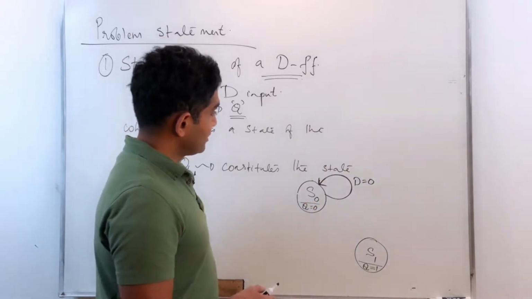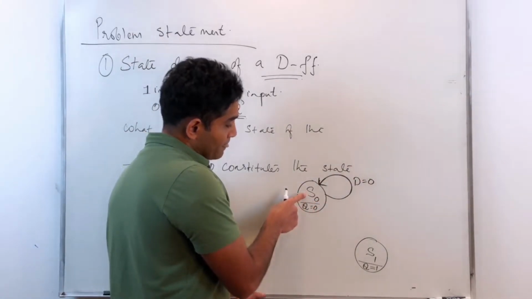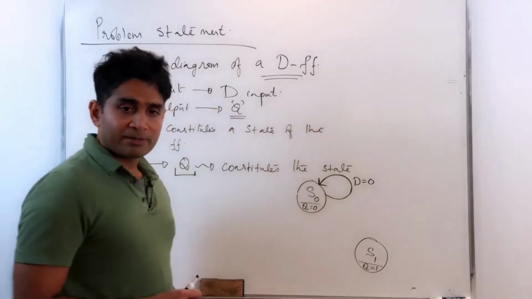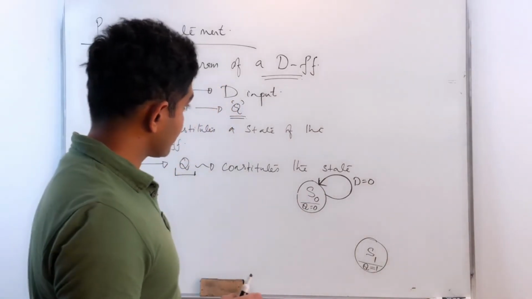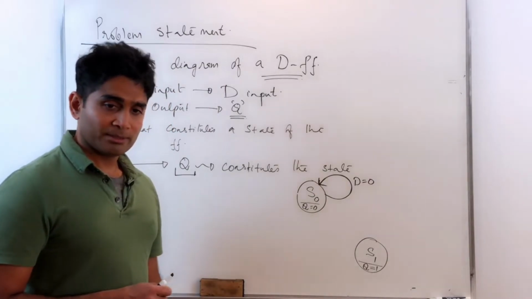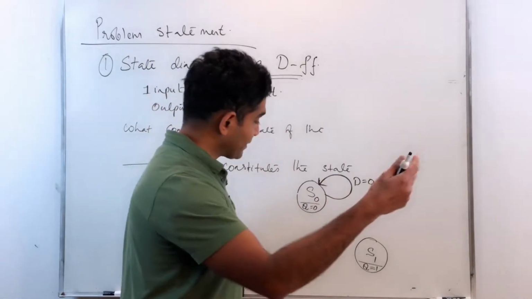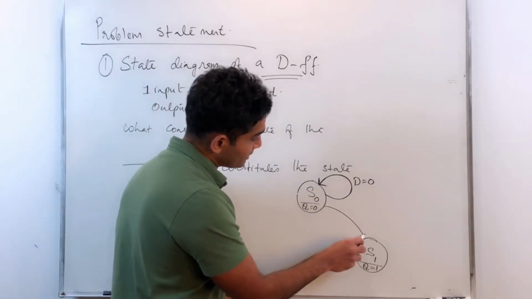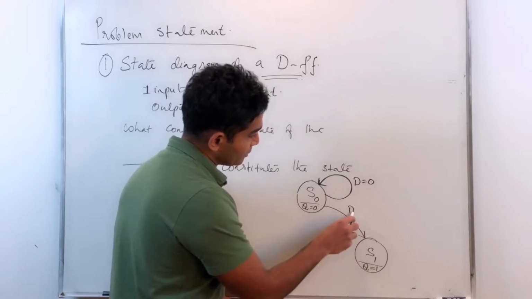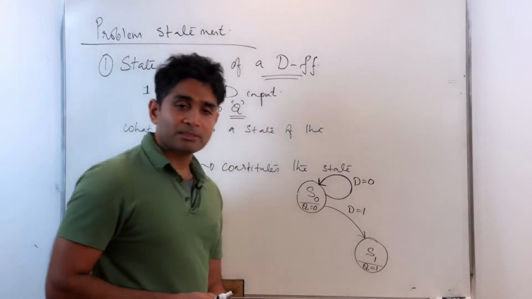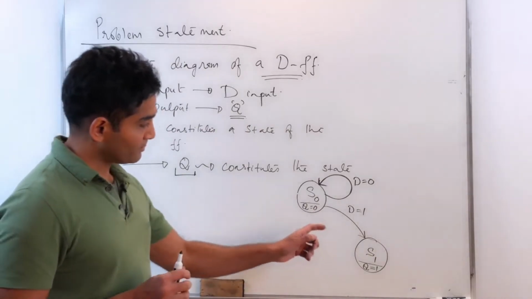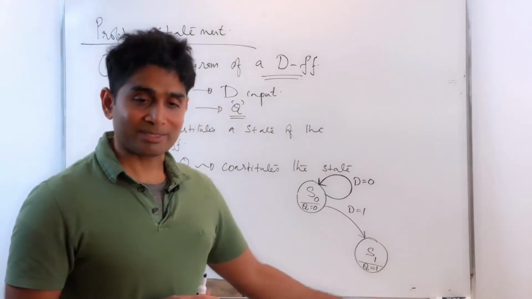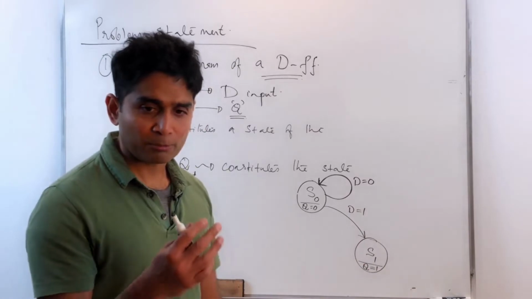Now, if I'm in this 0 state, and if an input D equal to 1 occurs, in the next active edge, I would move to the next state, right? D equal to 1 takes me to the next state. Well, I'm sorry, next state as in the Q equal to 1 state, because my output follows the input.